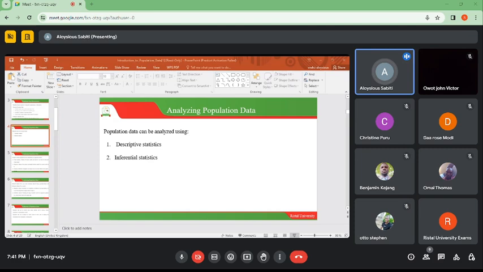Then that can help you, using the mean or the median, to identify the age at which women in a particular country have their first sexual intercourse. And those are some of the indicators that can help you understand the sexual behavior of people in your society.